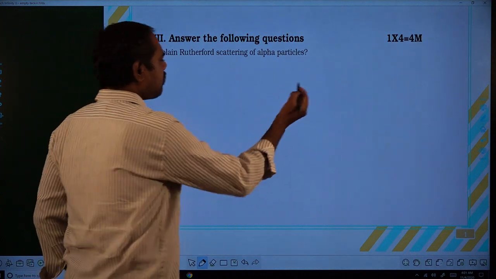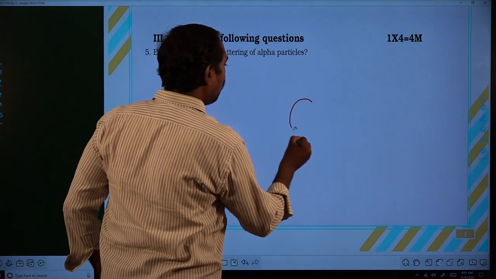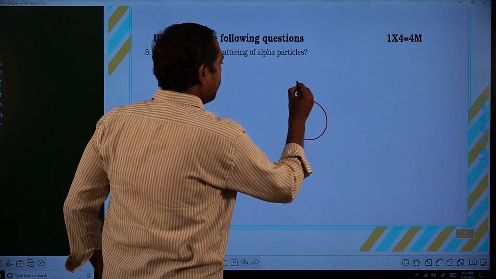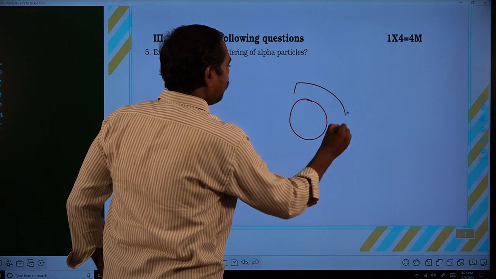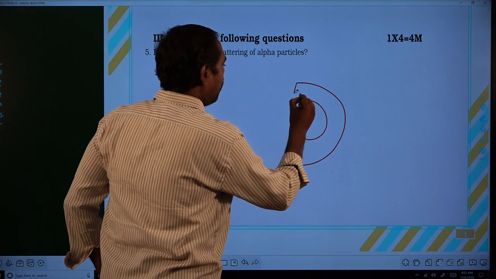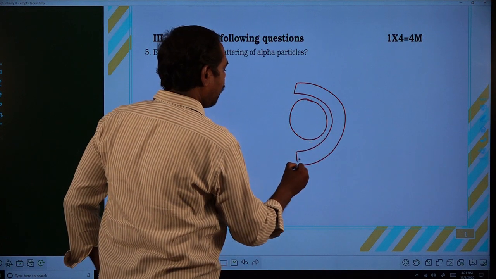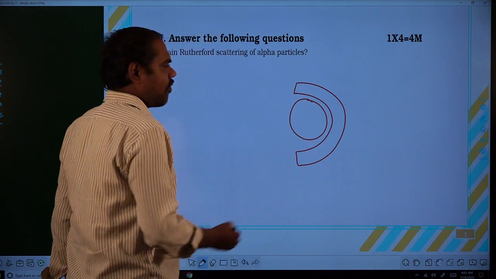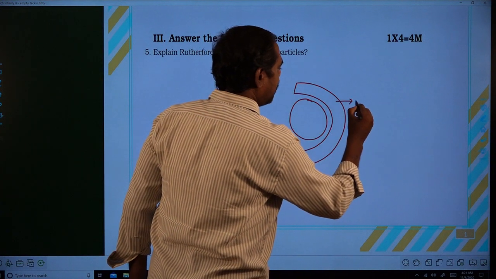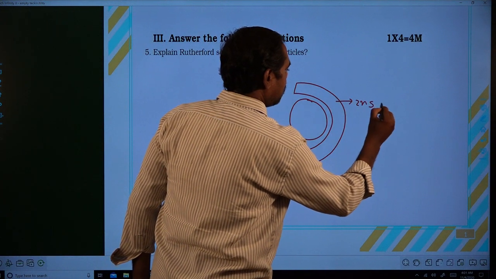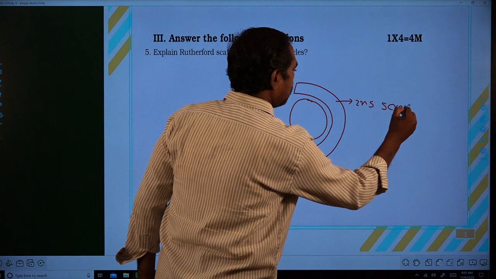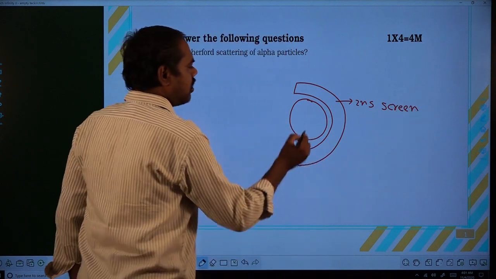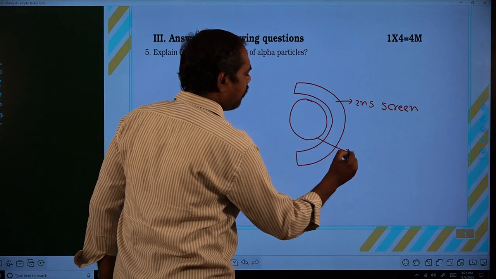Here, this is the thin gold foil. Around the thin gold foil, he arranged the zinc sulfide screen. This is the ZnS, zinc sulfide screen. This is the thin gold foil.